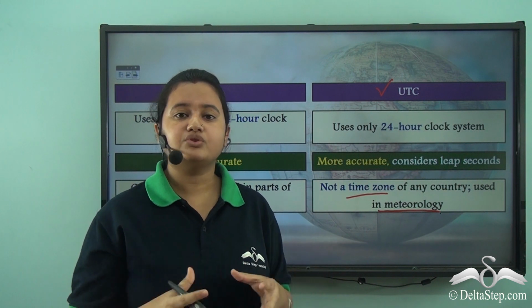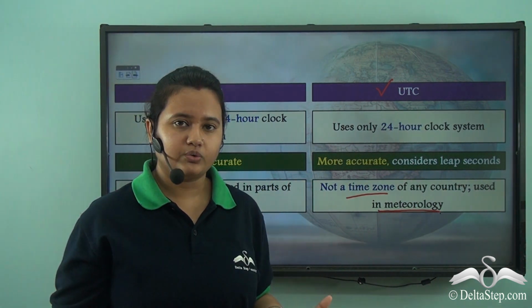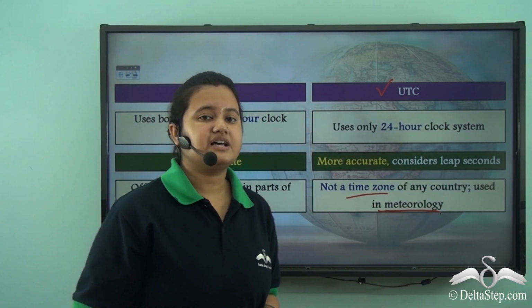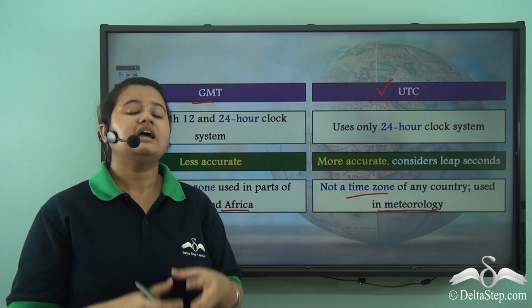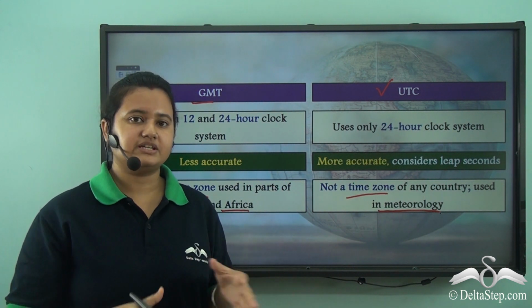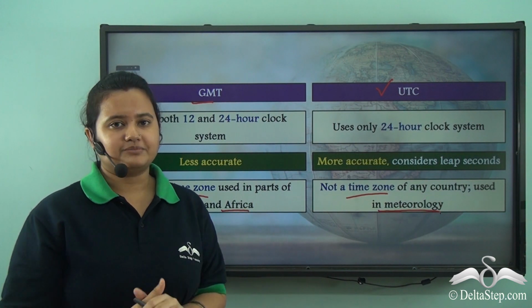UTC is only used for scientific purposes because it is very accurate. So these are the differences between GMT and UTC. The main point of distinction between GMT and UTC is that UTC is more accurate than GMT.